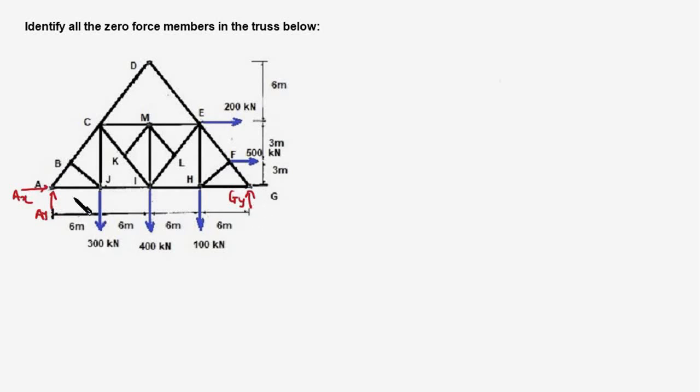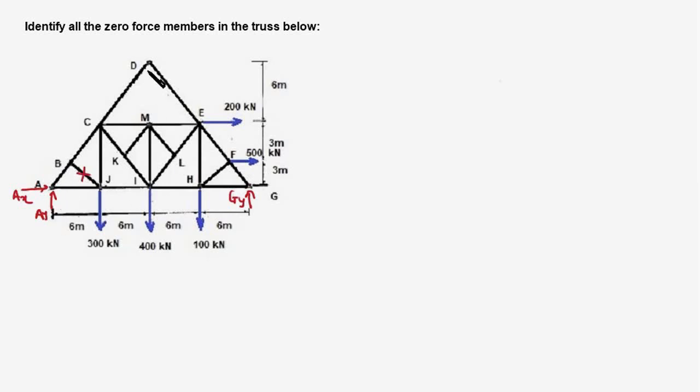Let's take a look at joint B. The members AB and BC are collinear, and the third member BJ is non-collinear. There is no external force on joint B. Therefore, rule 1 is applicable here, and therefore member BJ will be a zero force member. So we put a cross here.